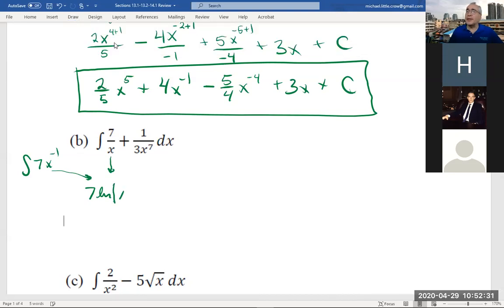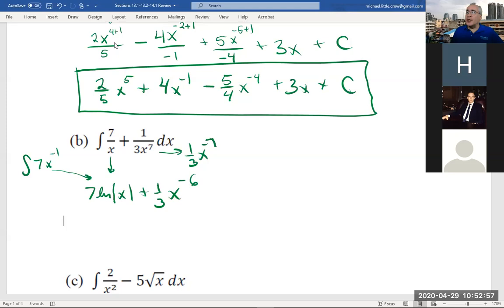So absolute value of x. So that gives you that answer. And this one, what you would think is in the interim, rewrite it as 1/3 x to the minus 7th. So again, we'll add 1 to the exponent. So add 1 to -7, you get -6.